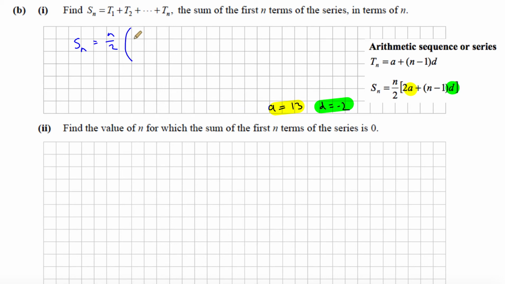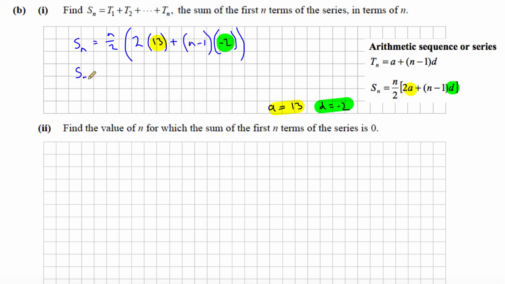So n over 2 multiplied by 2 times a, which is 13, plus n minus 1 times d, which is negative 2. Just to be clear, the a value 13 has gone in there, and the d value has gone at the end. Now I'm going to tidy this up.